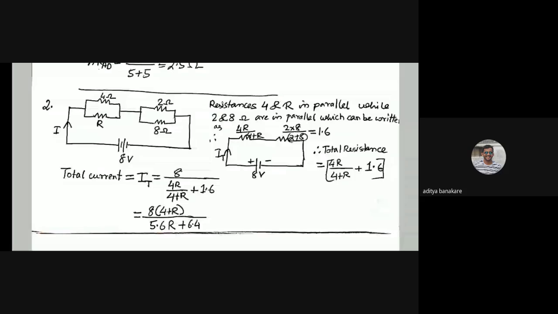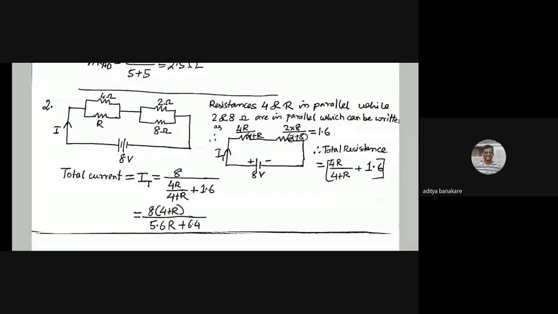So if this resistance comes, then our total current can be written with this formula, voltage divided by resistance, because V equals IR according to Ohm's law. So I can be written as V by R, the total equivalent resistance. So that is what I have put.